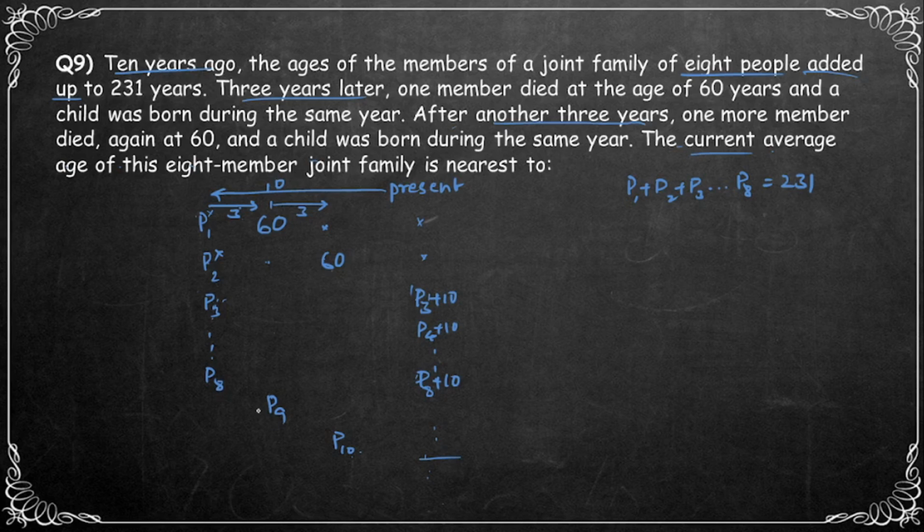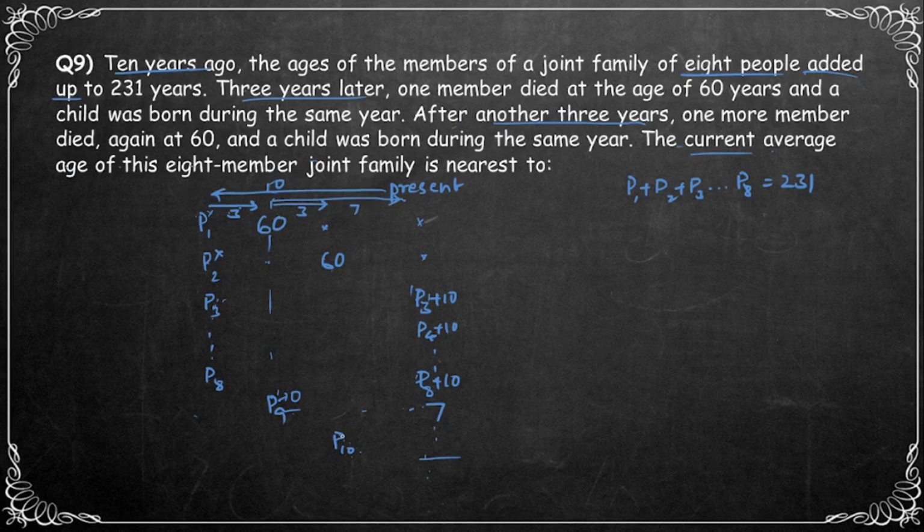Now P9 was not born until 3 years later, right? So from here till here we need to see the difference. So his age at the time of birth will be 0. From here till here the difference is 10 minus 3, which is 7 years. So P9's age at present is 7 years.